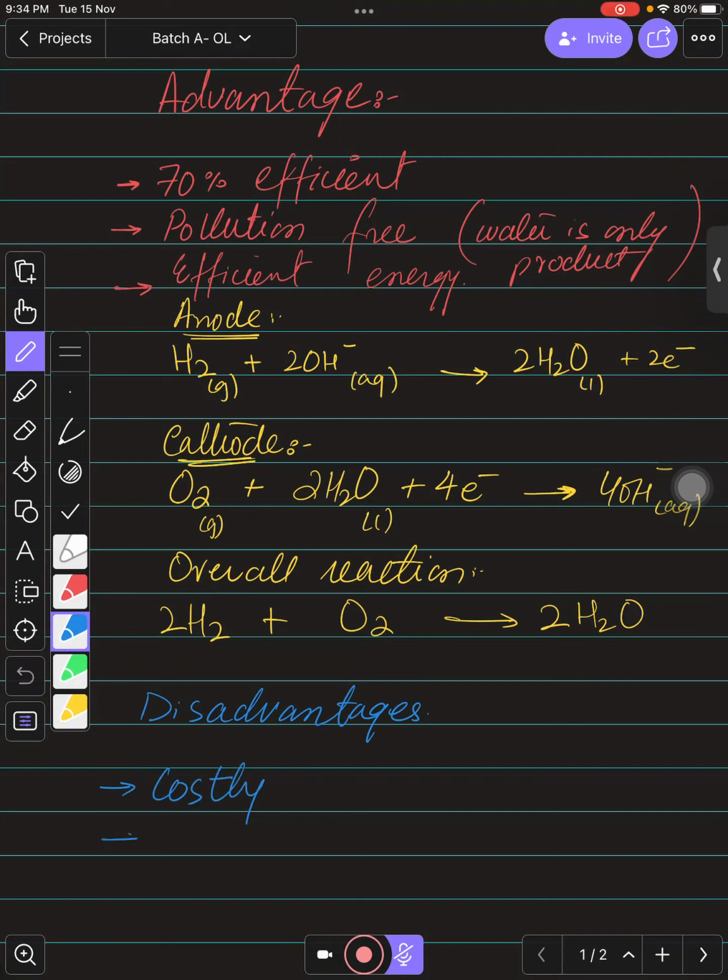And the second is that hydrogen is difficult to store, right? Hydrogen is a gas, so it is very difficult to store. It will show some leakages in the apparatus as well. So the problem is how to store it. Otherwise, it can be very efficient.